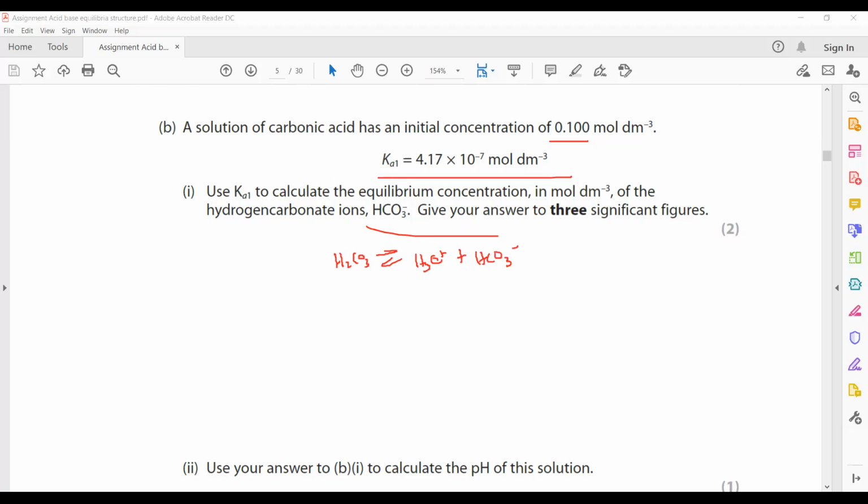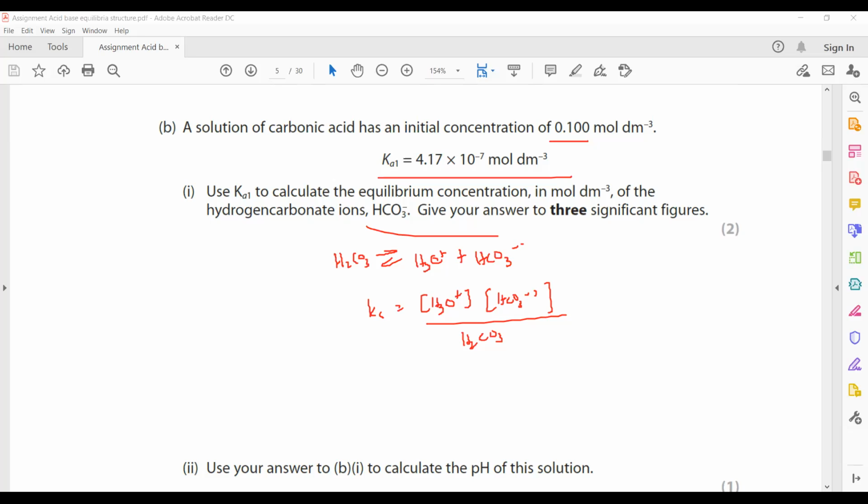I did not include water just to write. So when I write Ka, that is the products H3O+ and HCO3- divided by H2CO3. K is given for us.